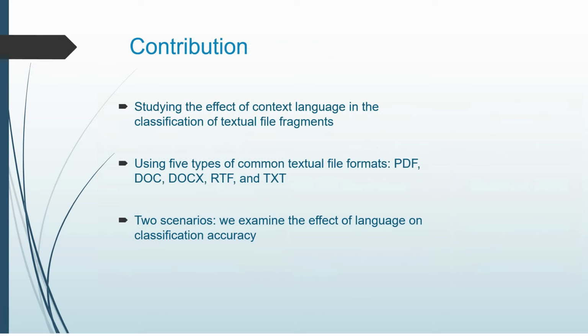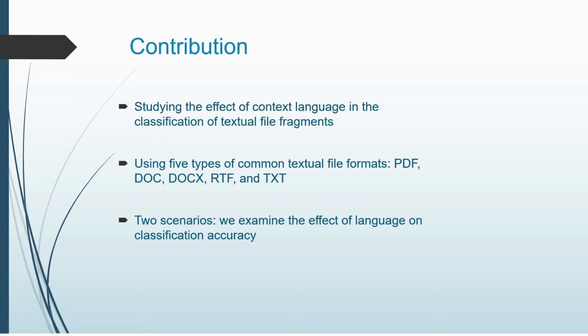To the best of our knowledge, no one has studied the effect of context language, the language of the file fragment, in classification of textual file fragments. In this article, we have considered this problem for five types of common textual file formats: PDF, doc, docx, RTF, and TXT.